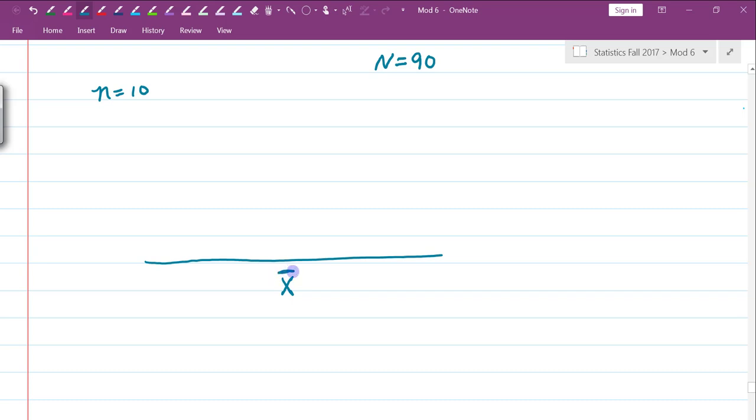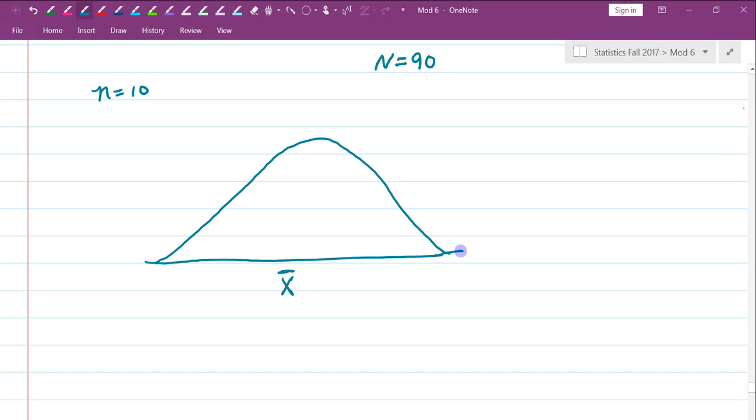If I plot the actual means, not the individual student ages but the different sample means, the sample means will take on a normal distribution if the population that I'm pulling from is a normal distribution.